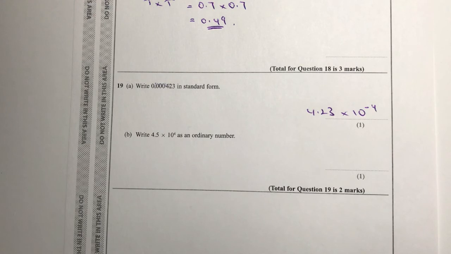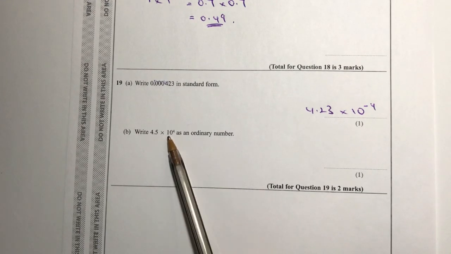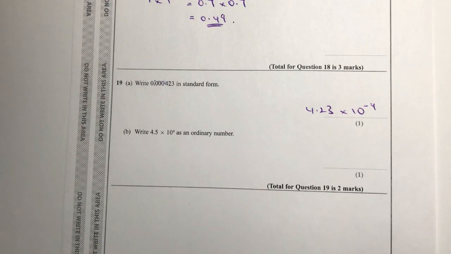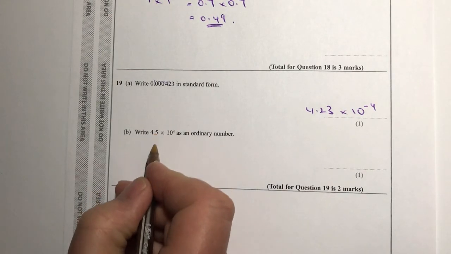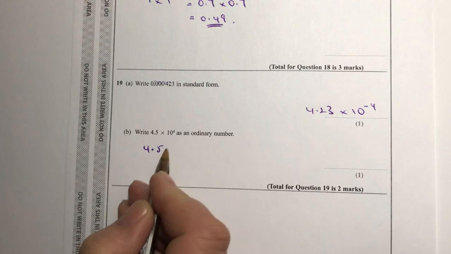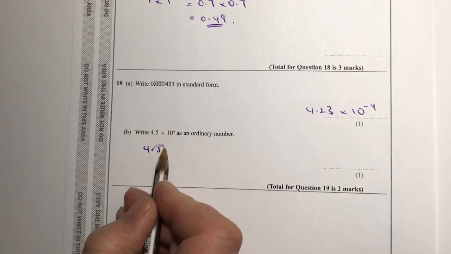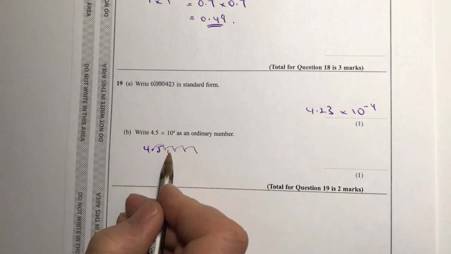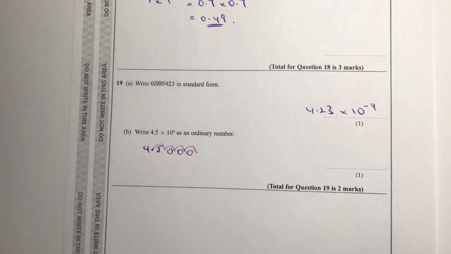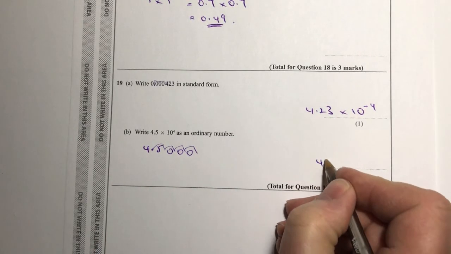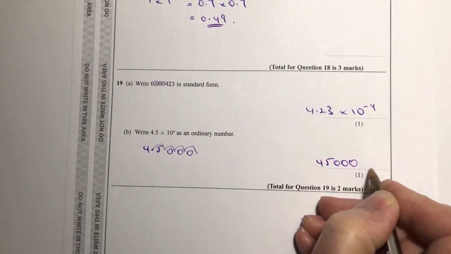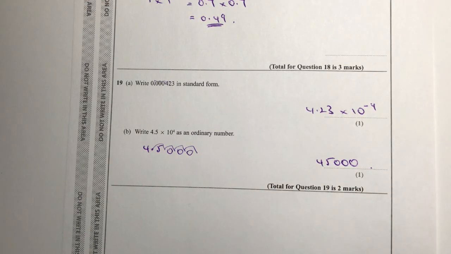Okay, and then we're going to write this as an ordinary number, so we're actually moving the decimal point 4 places, so it's 4.5, and we're going to move it 4 places, so once, twice, 3, 4 times, put a load of zeros in there just to keep the value, and that's going to be 45000. Okay, so hopefully that was all right for you, and it makes a bit of sense.